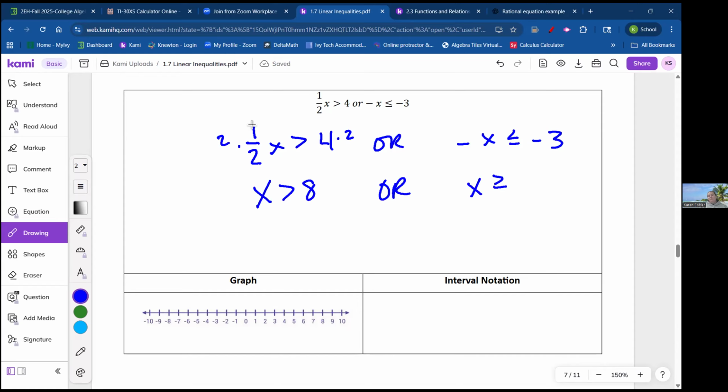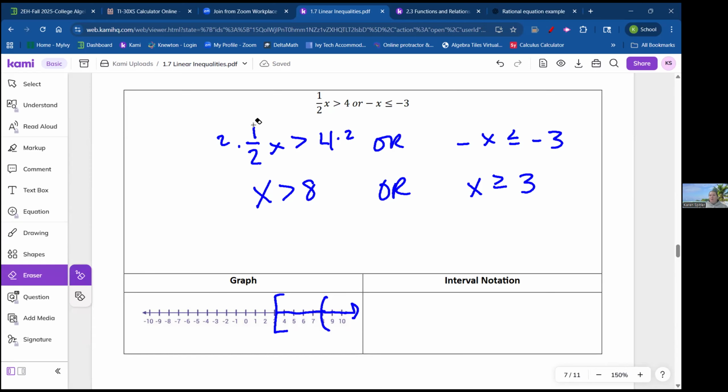X is greater than or equal to 3. So you're like, okay, X is greater than 8. That's great. There it is. Parenthesis, boom. But X is also greater than or equal to 3, which is that. So what? Right?